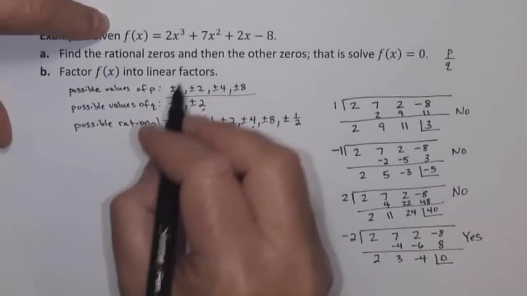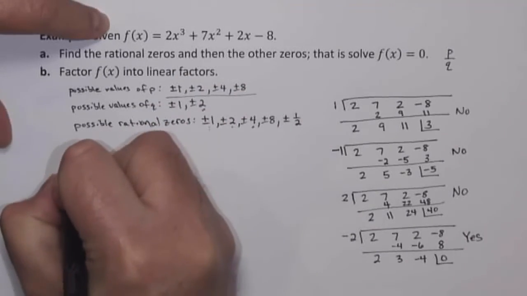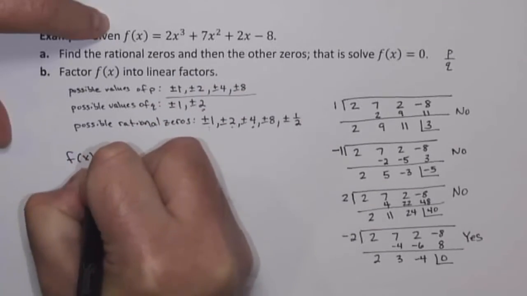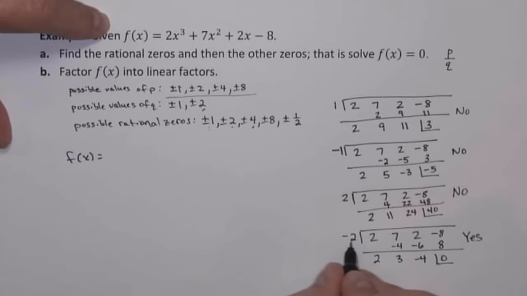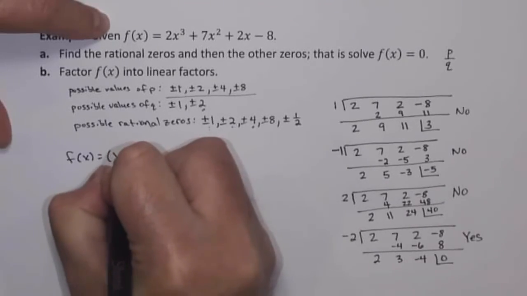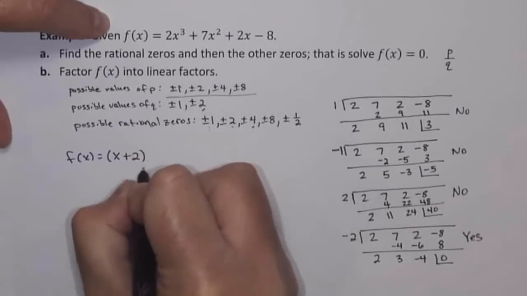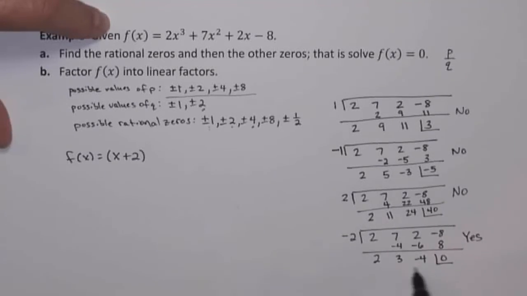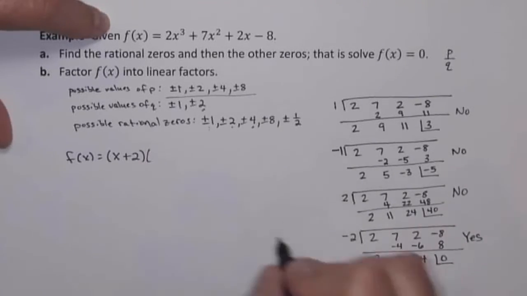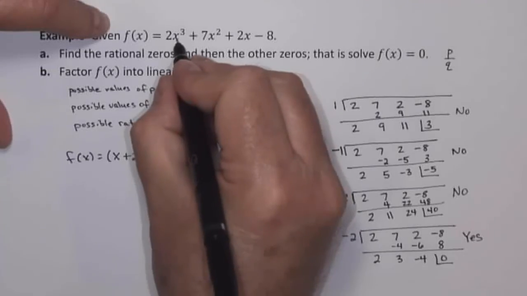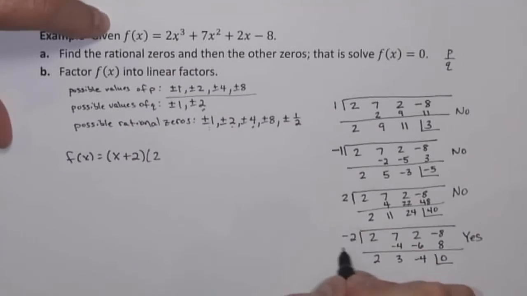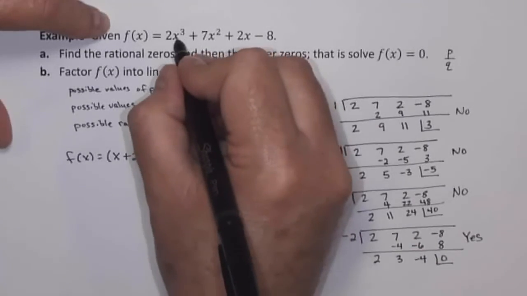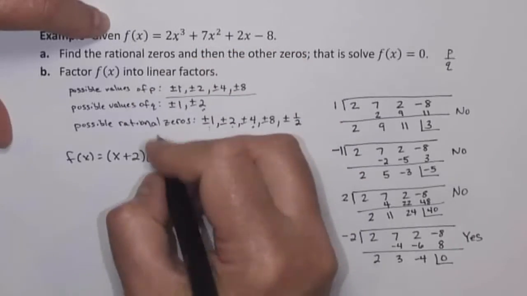Okay? So that means that our function factors into, again, negative 2 is a 0, so it factors into x plus 2, and then the other factor will be, now it's going to be x squared because we divided by x plus 2, and dividing x cubed by x gives us an x squared.